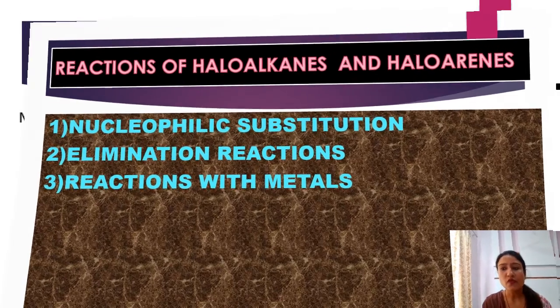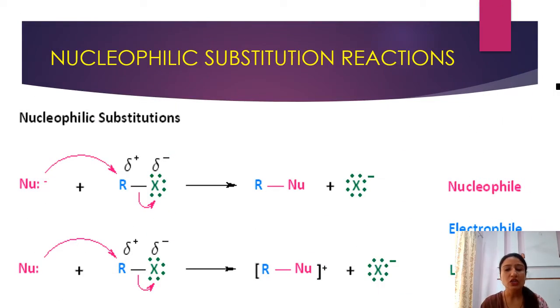So, about the nucleophilic substitution reactions. In nucleophilic substitution reactions, as you see in the slide, a nucleophile reacts with a haloalkane, which is described as a substrate, having a partial positive charge on the carbon atom bonded to a halogen.